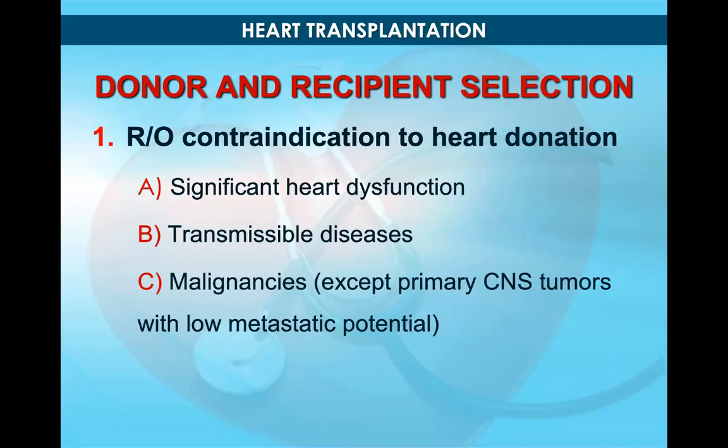Contraindications for donation include significant heart dysfunction, such as an ejection fraction of less than 30% in an elderly donor. You can accept 35% in someone who is 25 years old, because there is a reason for the 35% ejection fraction. It could be a car accident, it could be mismanagement of the donor, a lot of volume, less volume, give or take.